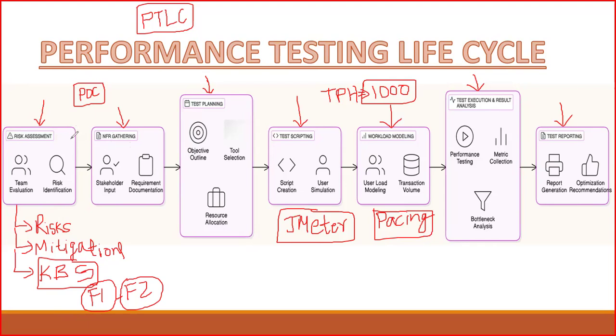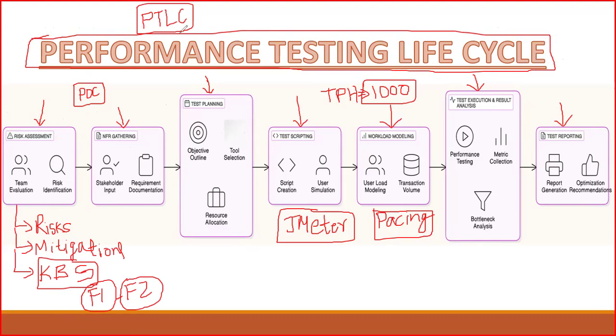With the help of those documents, we'll prepare each and every document that we need to develop in each stage, and we'll cover it on the basis of this performance testing life cycle process only. We'll follow only these steps, and by following these steps, we are going to test the performance of the application. This is what we are going to do on a high level.